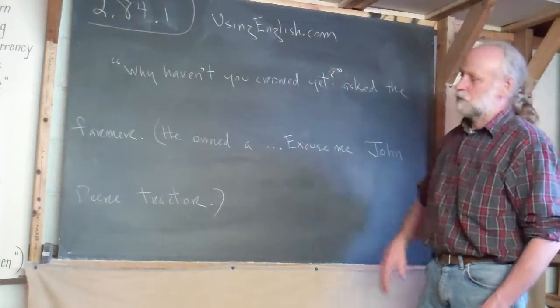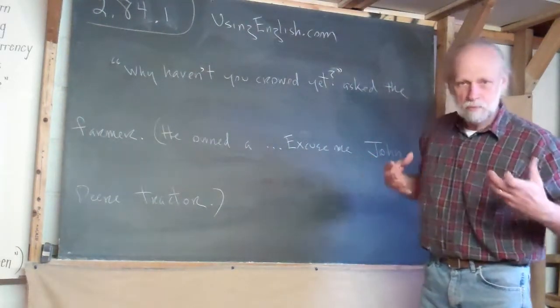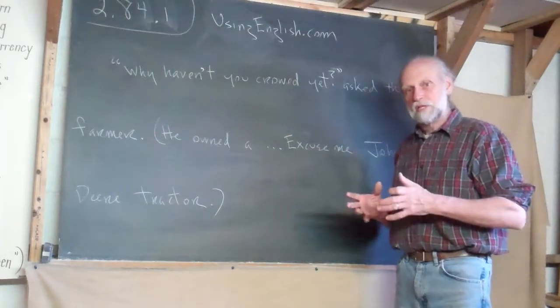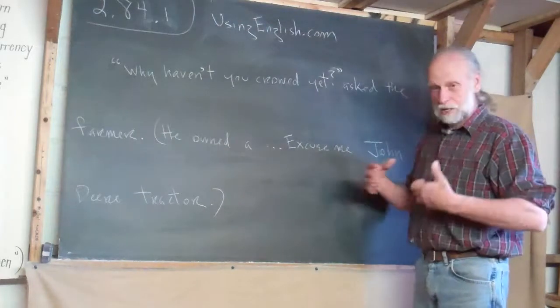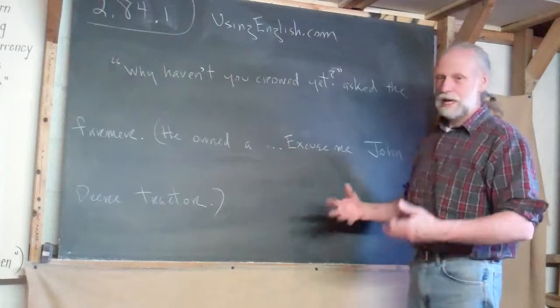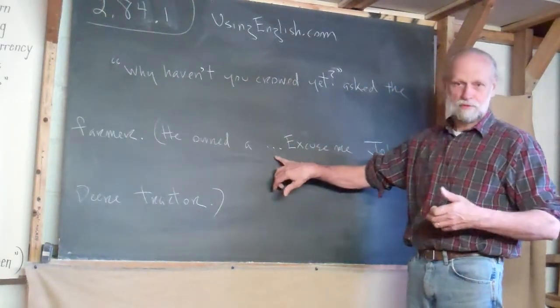Now here, what I've tried to represent is that inside this parenthetic statement, he said something that was even more parenthetic. Excuse me. It has nothing to do with the story. He had to interrupt himself. Why? Well, because of something that happened.